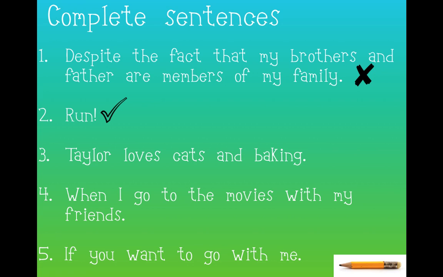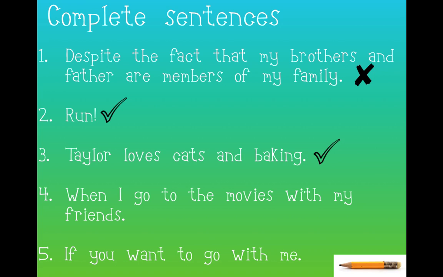In this example, again, it's short, but the "you," which is the subject, is implied, and so it has the subject, you, it has the verb, run, and it's a complete thought, so it is a complete sentence. Third example: "Taylor loves cats and baking." That is a complete thought, and it's a complete sentence. So that is a good sentence, not a fragment.